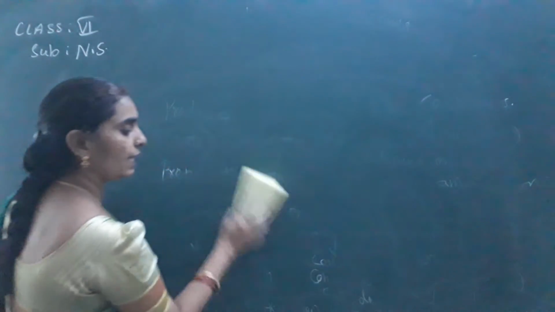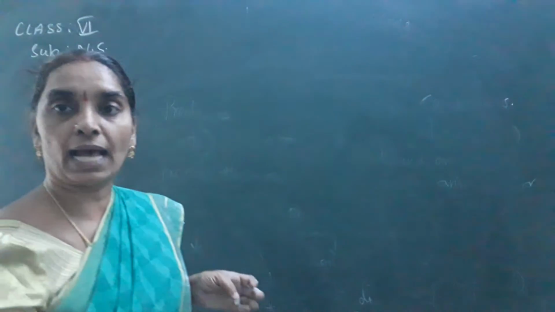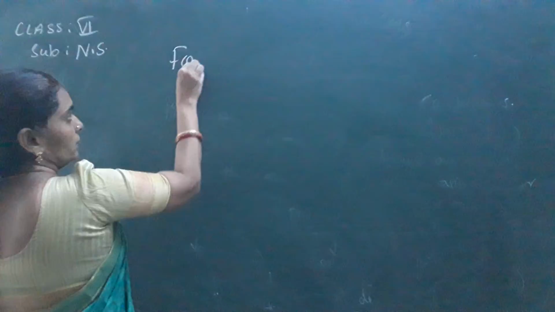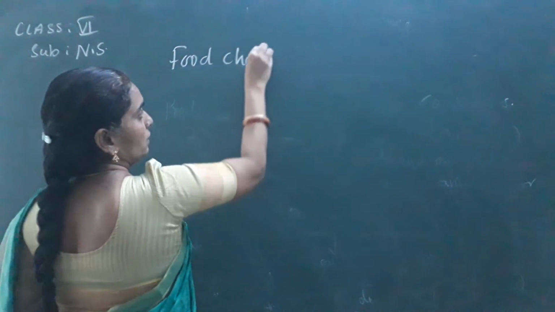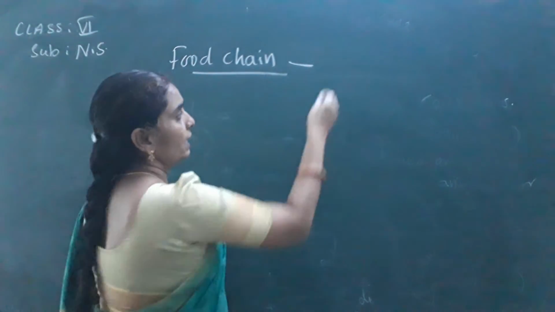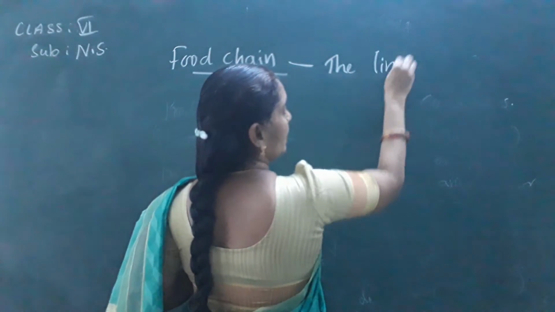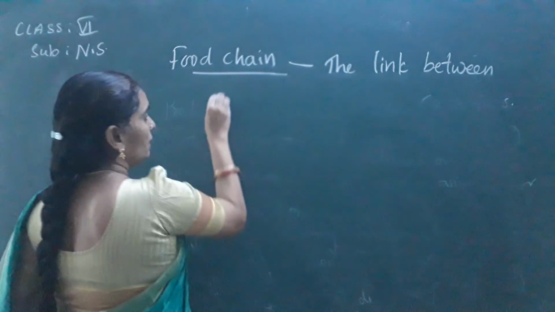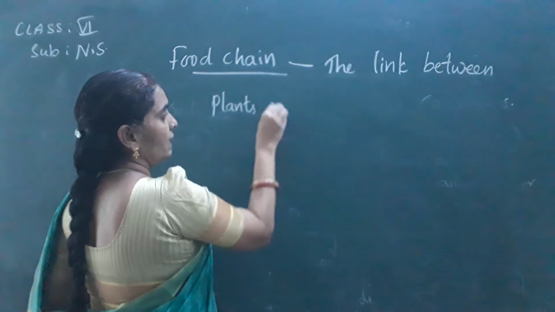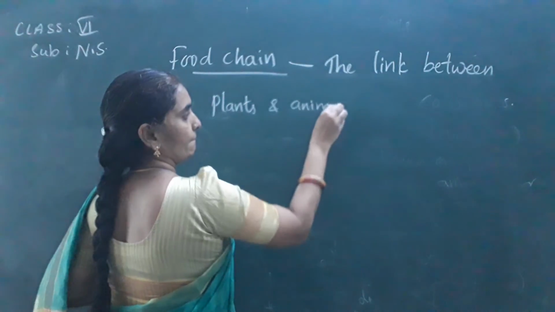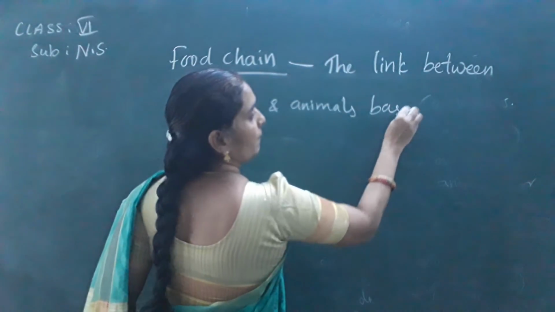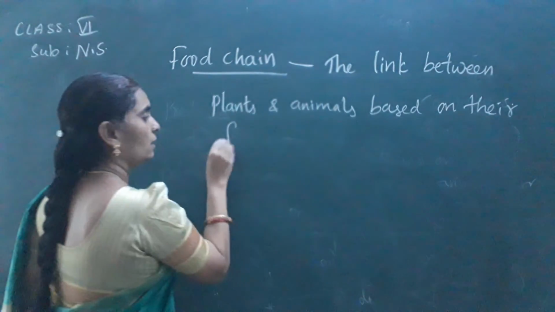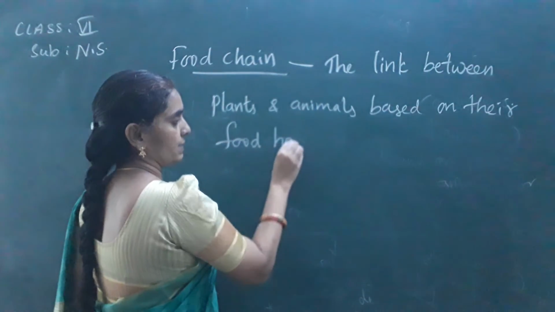Food chain is the link between the plants and animals based on their food habits.